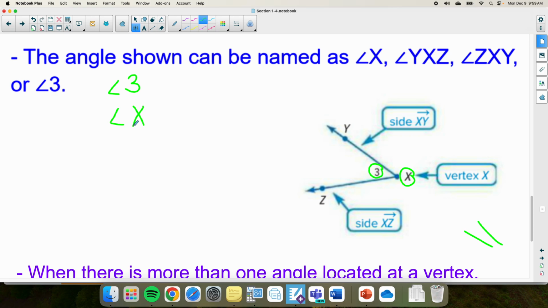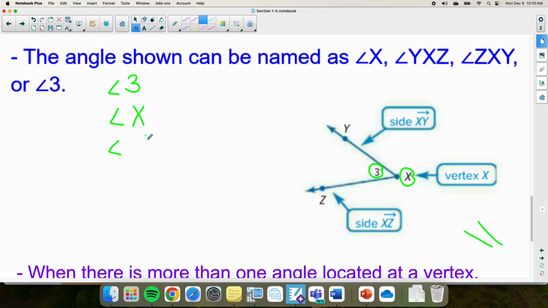Then the third way that you can do this is you can use 3 points on the angle. So I could say angle XYZ, or ZXY. X would have to be in the middle.